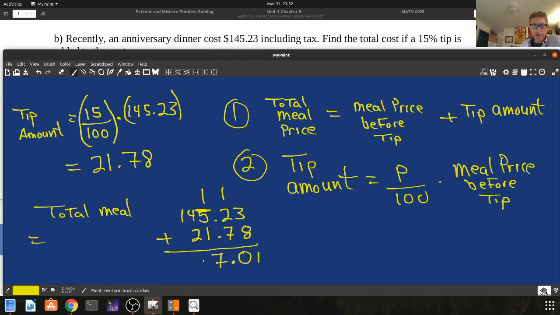No carry. 7. 177. Sorry, there was no carry there. It should be 6. 167.01. It's a pretty expensive meal. Maybe it's your anniversary meal. So let's move on to the next page.